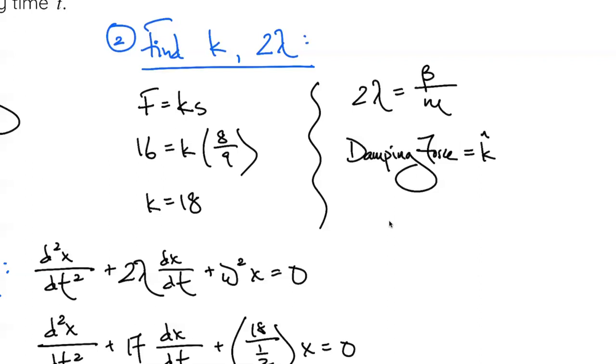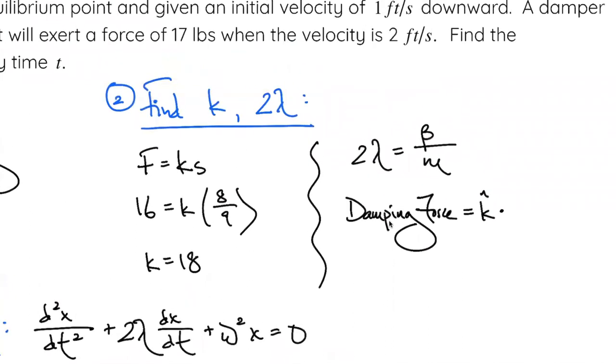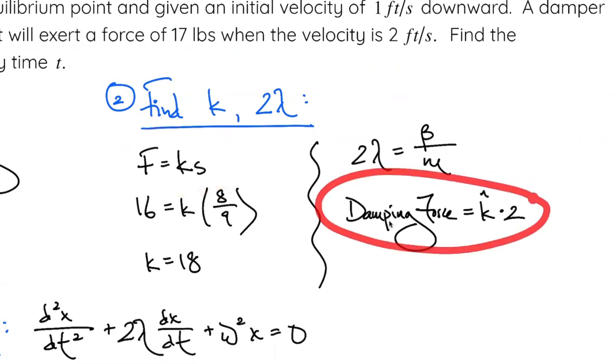And so this damping force is this damping coefficient, and we're going to multiply it by the velocity that this damping force makes happen. So instead of force equals spring constant times distance, we have damping force equals our damping coefficient times velocity.